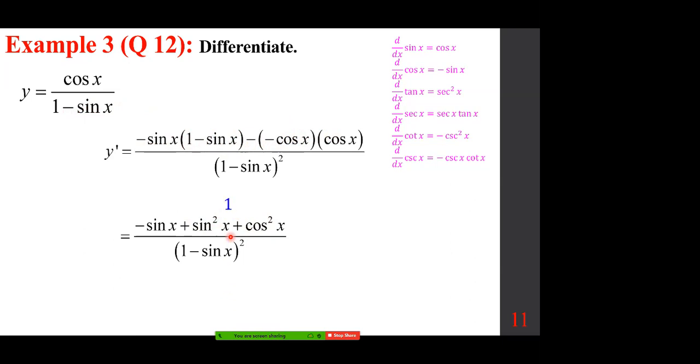So the numerator is 1 minus sine x. The same as the denominator, but the denominator has exponent 2. So 1 minus sine x goes away, becomes 1, and the denominator loses the exponent and becomes 1 minus sine x. Again, I hope you see that a lot of algebra, trigonometry involved. We should be comfortable with that.